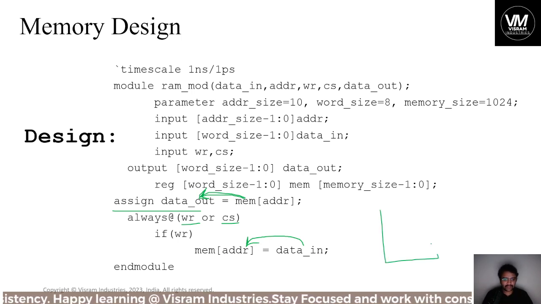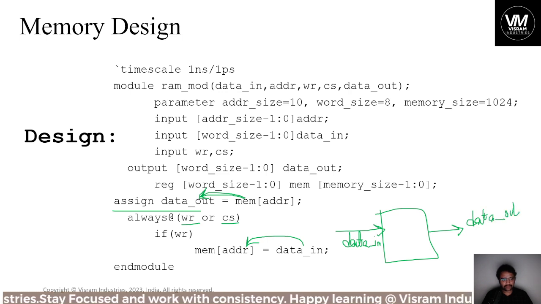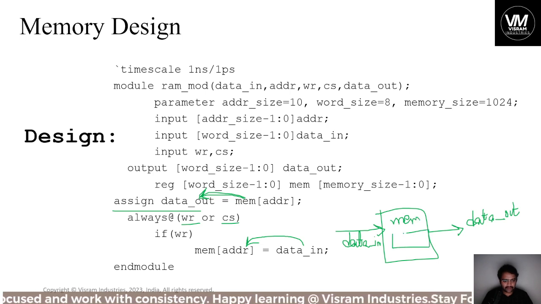So from this you have data in, and from memory you have data out. So this is mem. At a particular location of the address, you are sending the data into it. That is the meaning of data into the memory address location.